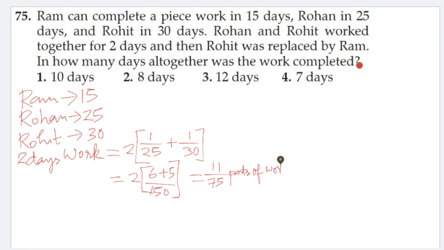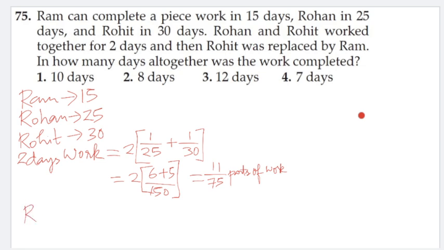Okay. Now what we have to calculate is the remaining work. So in 2 days, Rohan and Rohit have done 11 by 75 part of the work. Now how will we calculate the remaining work? The remaining work will be equal to 1 minus 11 by 75.